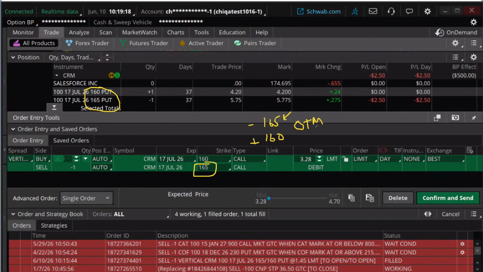Realistically, it's pretty unlikely to happen if we're out of the money significantly. So if we're going to go for the higher probability trade where we use these lower strike prices, and we want to keep them out of the money, then we're going to do the short put vertical instead of the long call vertical.